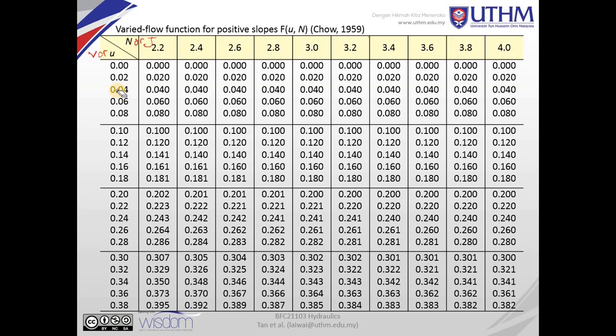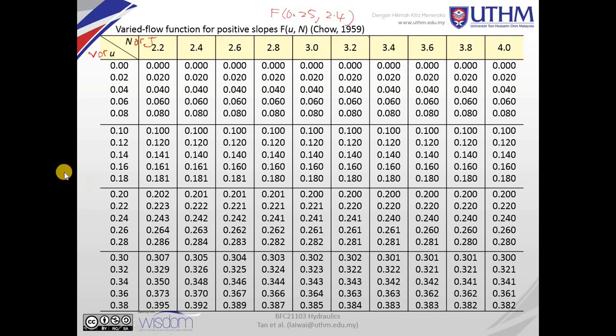For instance, say that the function of un or vj is 0.25 and 2.4. So let's say the function that we are interested to find is at this value: u equal to 0.25, and the n value here is equal to 2.4.